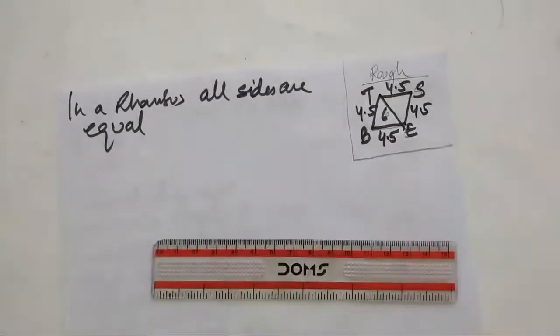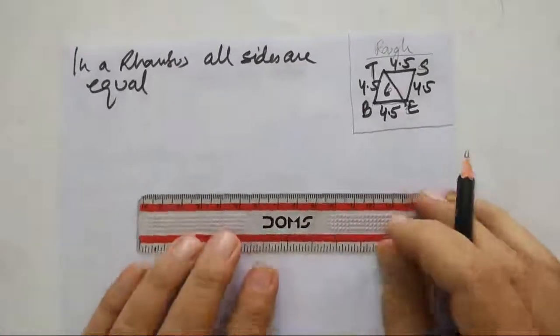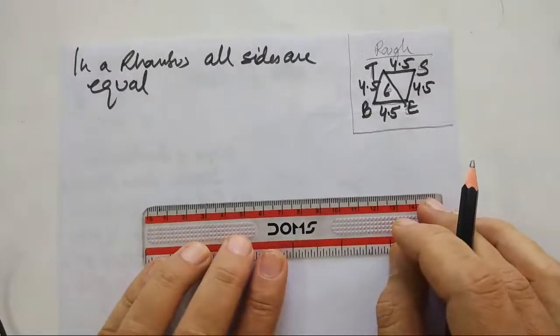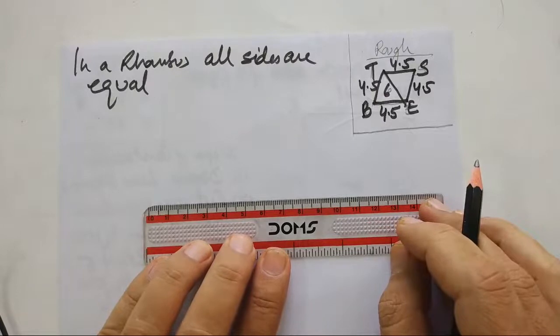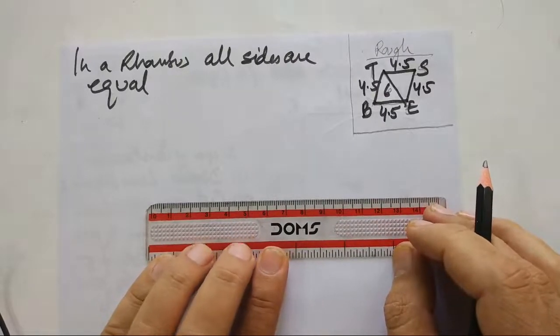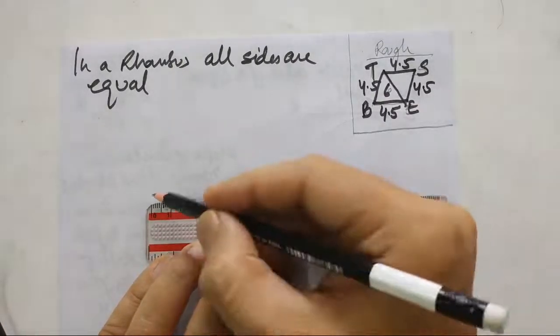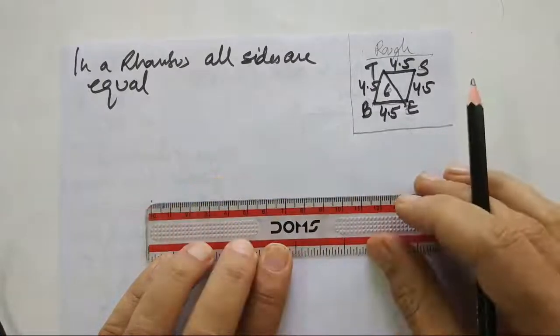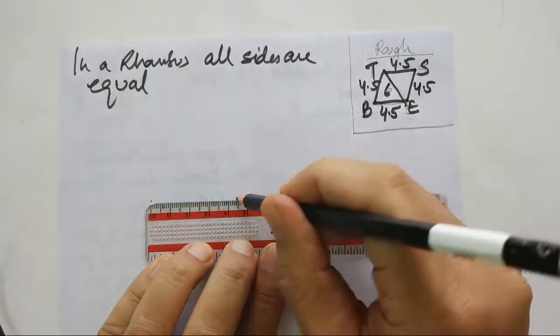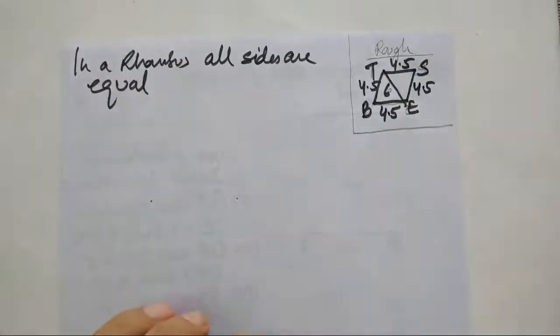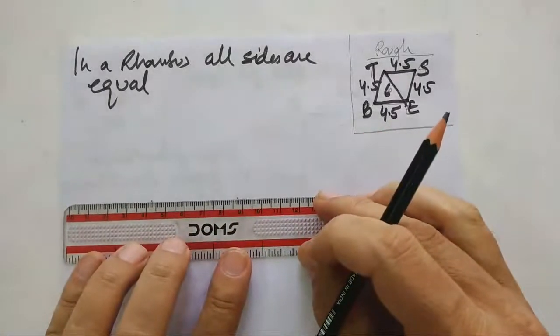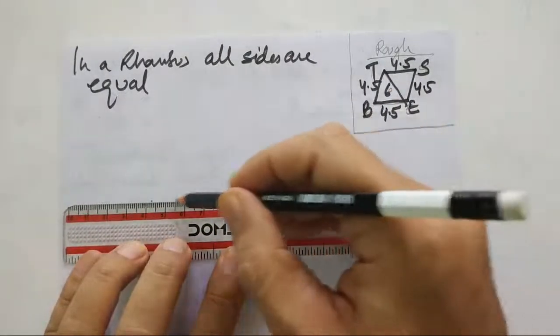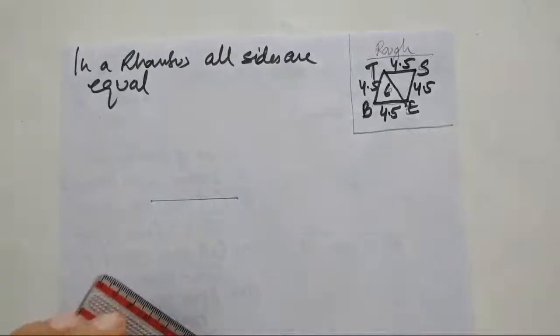You will use a scale and draw a line 4.5. So first you should mark the points and then draw the line on the 2 points.